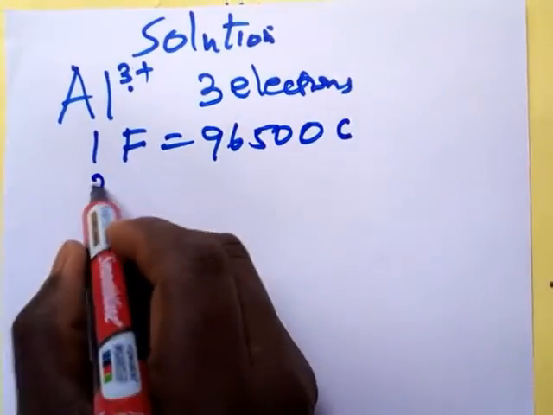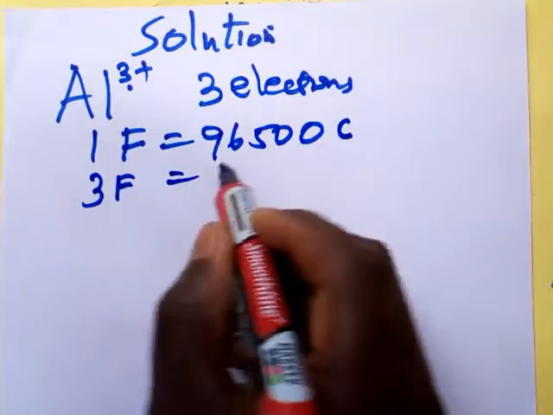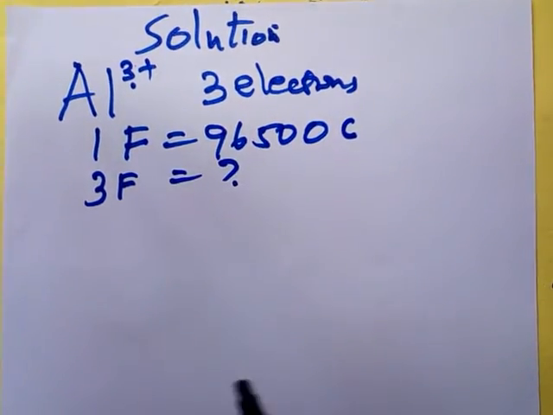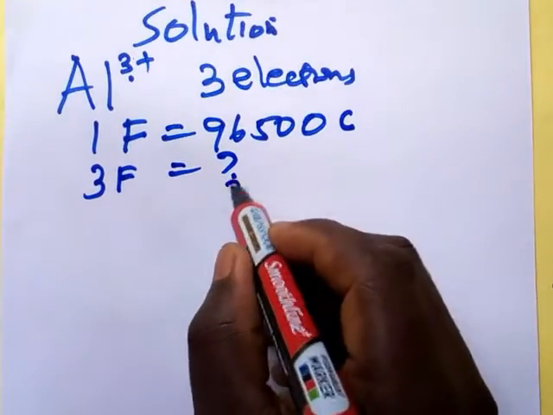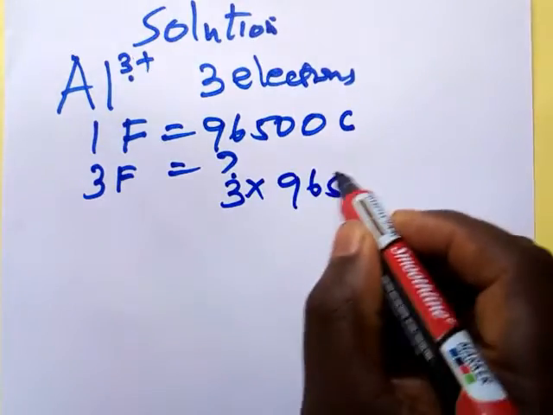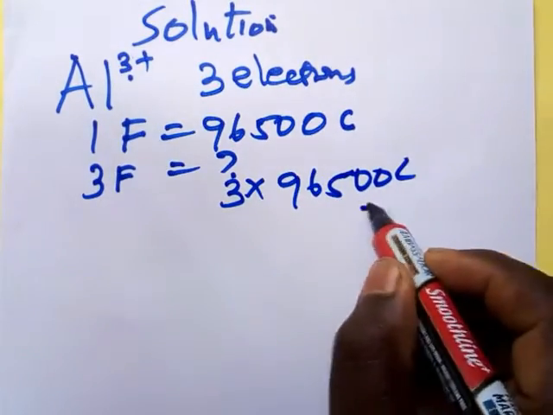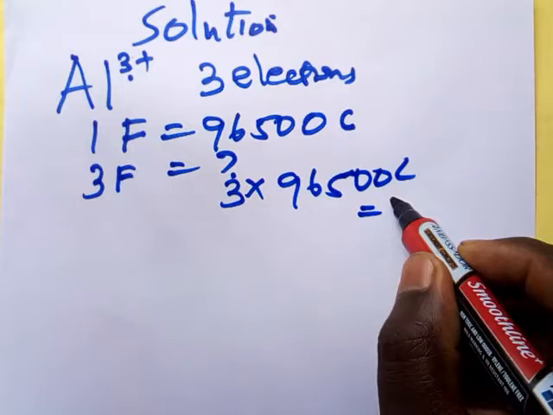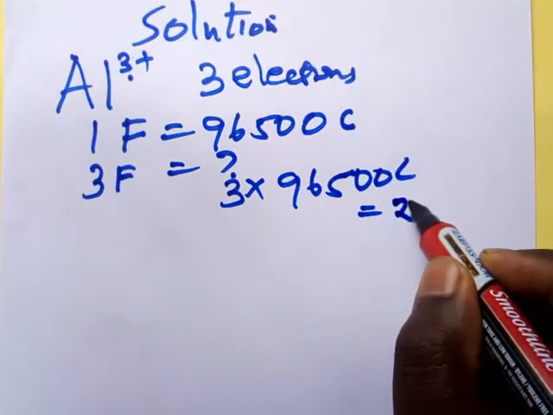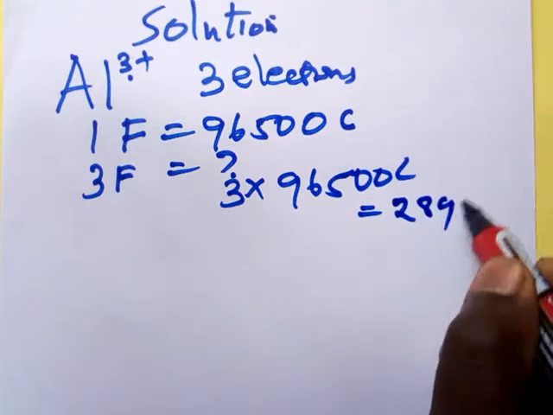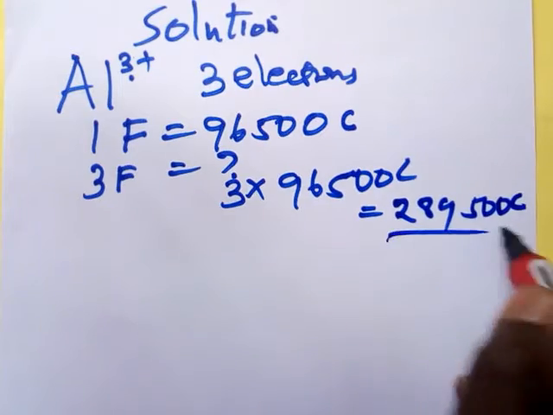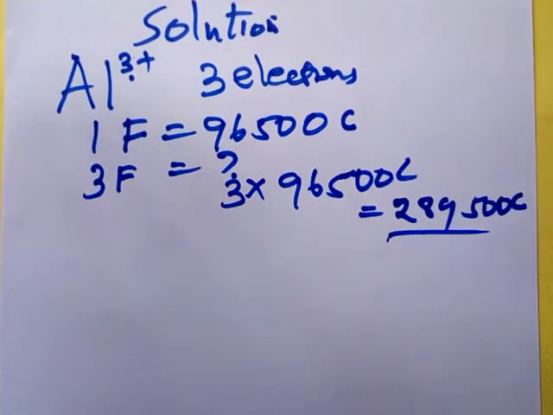So we will ask, 3 Faraday, 3 electrons, will contain what quantity of electricity? Therefore, 3 times 96,500 coulombs will give us 289,500 coulombs. You must put that in mind before you continue.